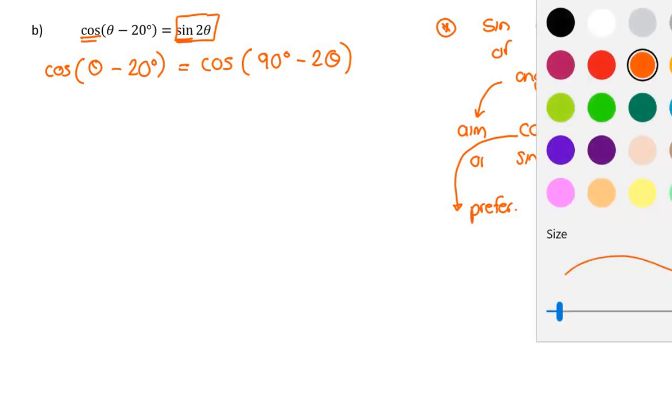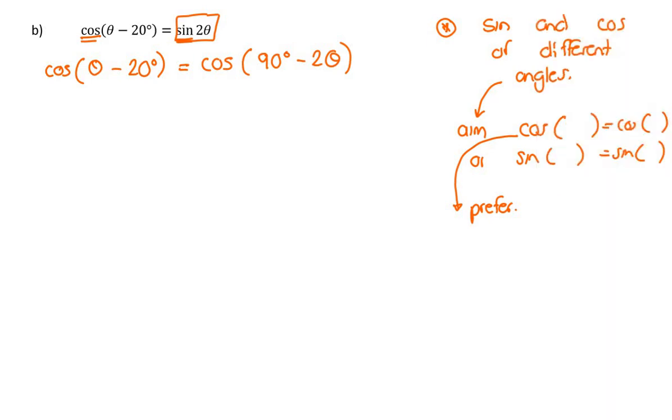Now, why is this good for me? Let me just make an example below here. If you have cos of 30 degrees equals cos of theta, surely I can logically assume that theta could equal 30 degrees, because then cos of 30 would equal cos of 30, and that is always true.